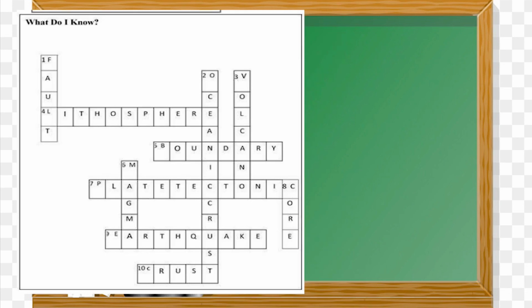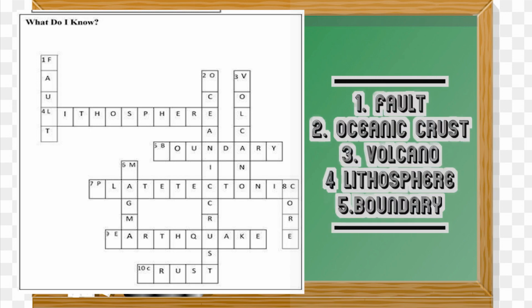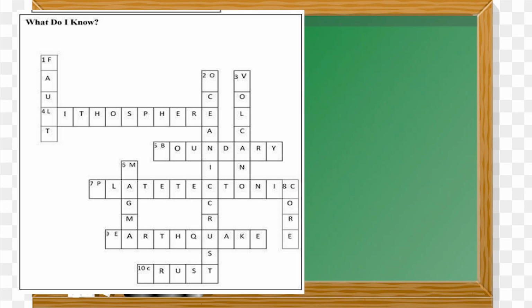Are you done answering? Now let us check if your answers are correct. The correct answers are the following. 1. Fault. 2. Oceanic crust. 3. Volcano. 4. Lithosphere. 5. Boundary. 6.